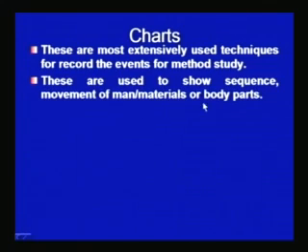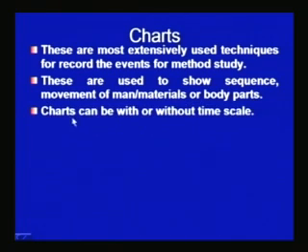Charts are very commonly used methods of recording the information. Various types of charts are used in method study, which will be covered in detail, and these charts are used mainly to show the sequence and the movement of the material or of the body parts during the operation.